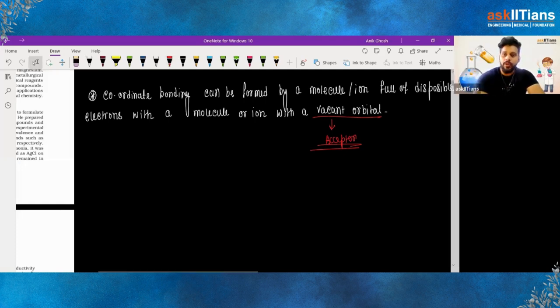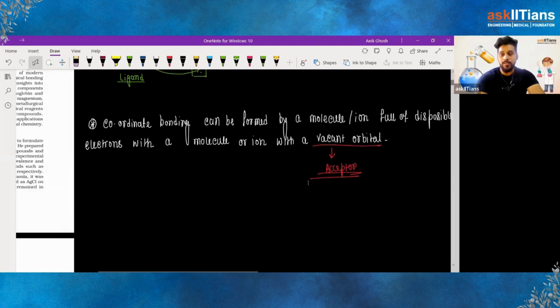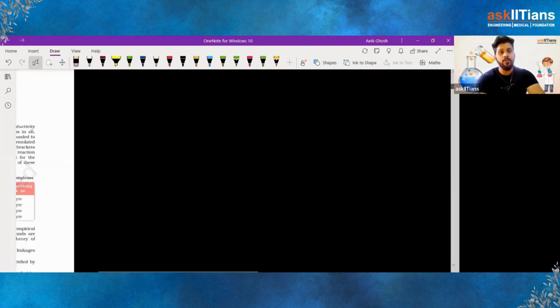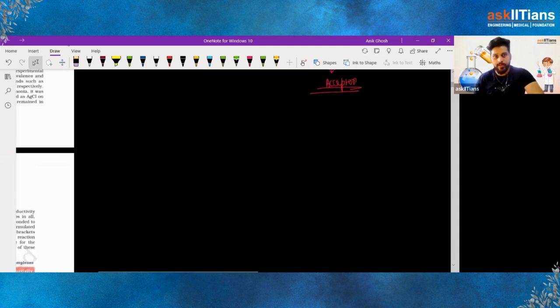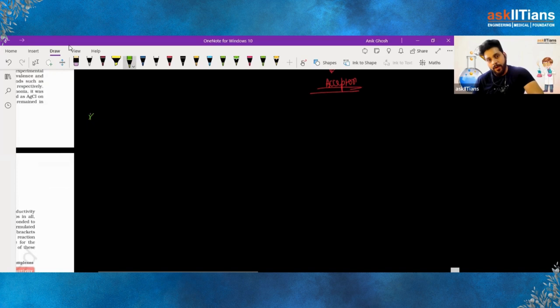This is the entire thing. Now let's come to the point called the Werner's theory. This part is not mentioned at all in the book. Now from here onwards, I'm gonna refer to the book. I'm gonna show you where things are exactly written so that you can also read it side by side. Let's learn about the Werner's theory.